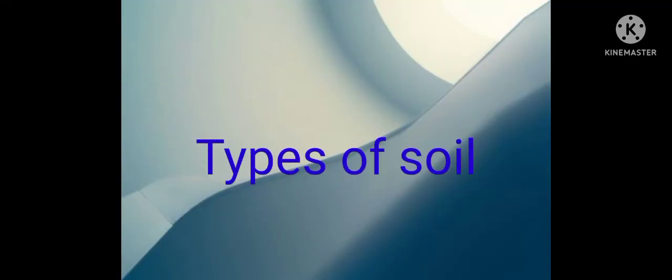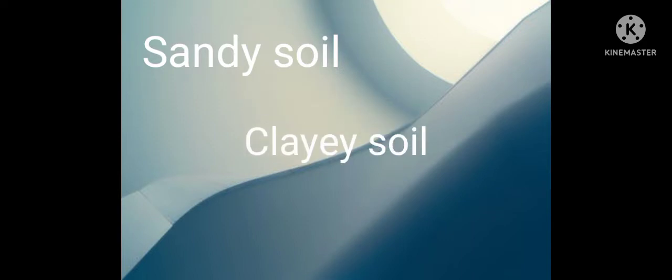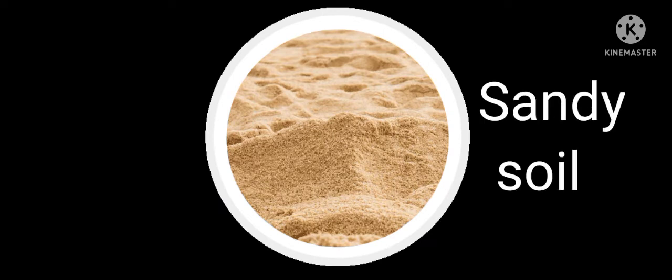Then let's see types of soil. On the basis of the proportions of particles of various size, the soil is classified into three. They are sandy soil, clayey soil and loamy soil. Sandy soil contains greater proportion of big particles.